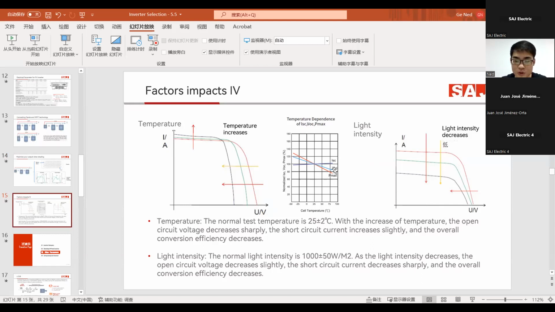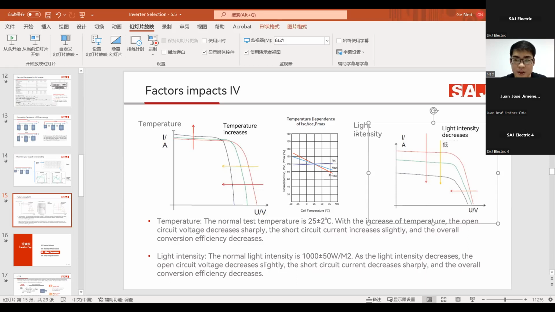As you can see, the red line here is normally at 25 degrees Celsius. If the temperature goes high, the voltage will go down, and the power also goes down, but the current will slightly increase.